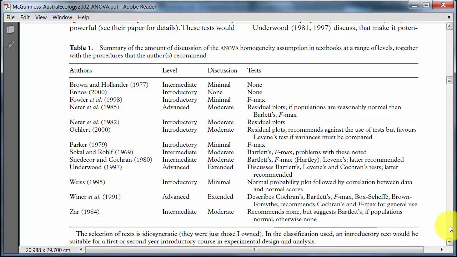So in here, I did a little summary of what was recommended, and you can see aside from Bartlett's and Cochran's, there's also the Fmax and Levene's quite commonly, but there are a few others. Very commonly these days, Levene's test is included as an option. Back when I did this, it was only starting to be used.